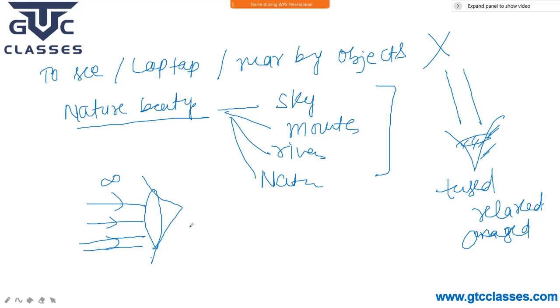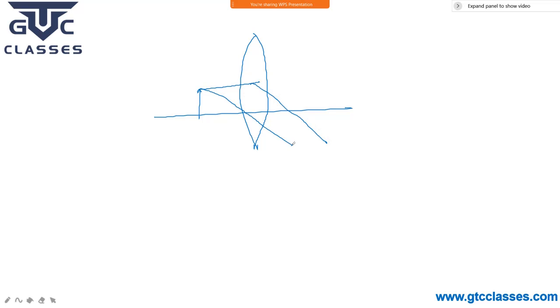For that, we use the relaxed eye format. What do we do? We take a lens and put the object at a distance u. Here the rays are coming like this, and then like this. They are basically forming the image at infinity.